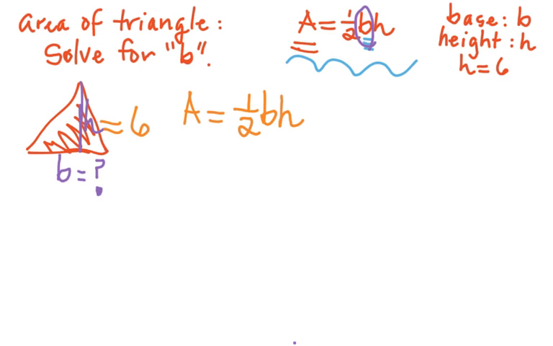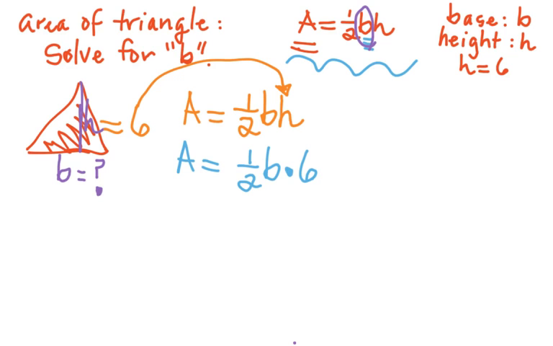And I was given that 6 is the H. So I'm going to substitute in the 6 for the H, and I'm going to rewrite my formula. I'm going to change colors again, and I'm going to go the area is equal to 1/2 the base times 6.